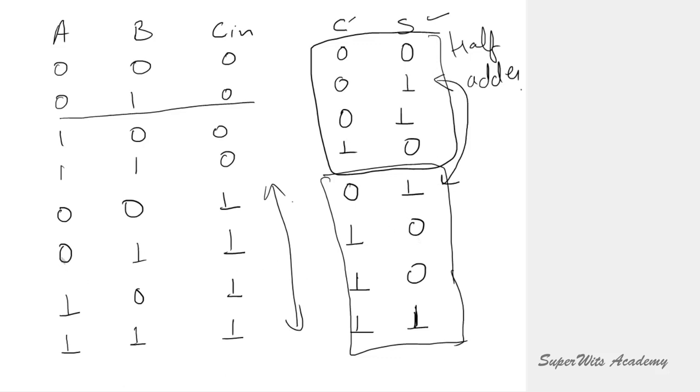Similarly, if at least one input is 1 and the carry is there, then these two outputs of the second part are equivalent to the fourth output of the first half adder. The only case where we differ is when both inputs are high and the carry input is also high. So we have a carry as well as a sum of 1, so both are equal to 1. This one is different.